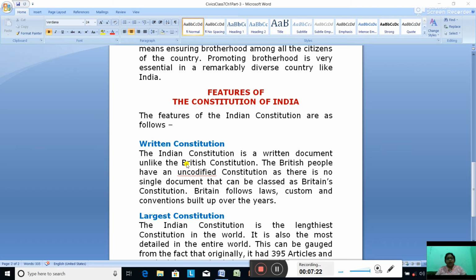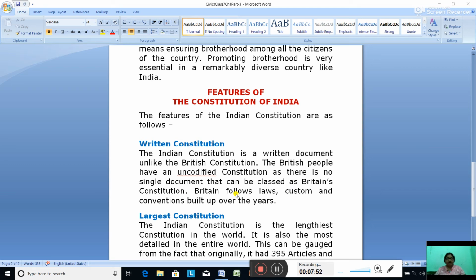So how do the British people follow it? The British people have an uncodified constitution as there is no single document that can be classed as Britain's constitution. Then how do the people of Britain follow this constitution? Britain follows laws, customs and conventions built up over the years.